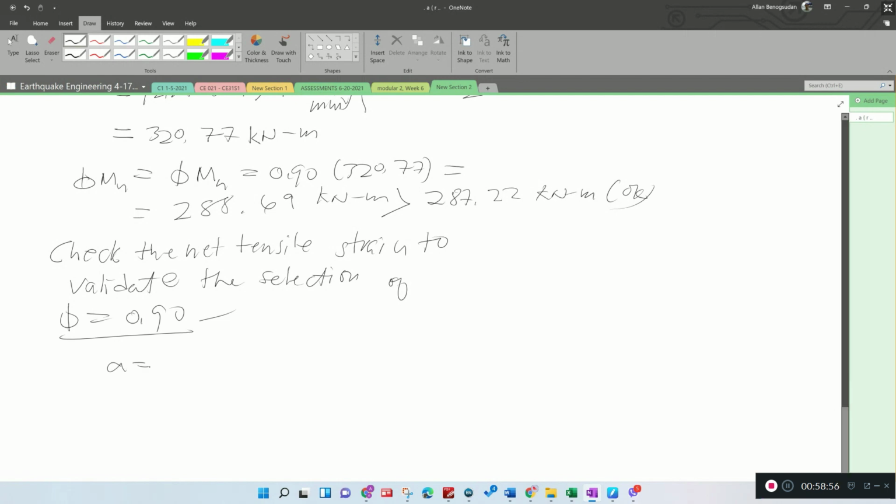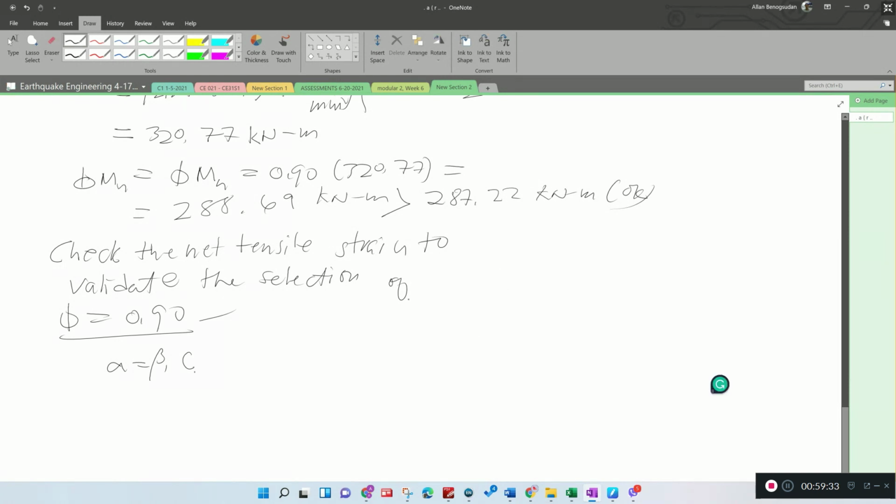I think you are familiar with this. Beta 1 is equal to 0.85 normally, or you can also adjust that one when your f'c is greater than 28 megapascals. So we can have the c here because that's what we need.